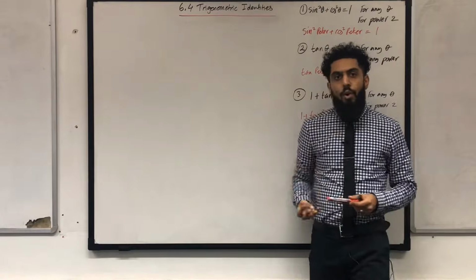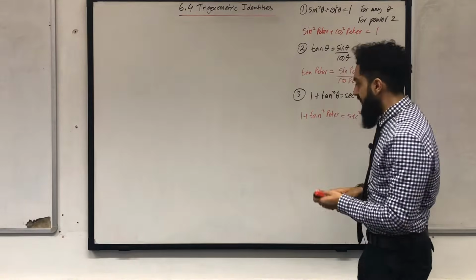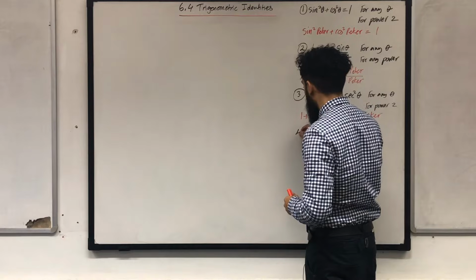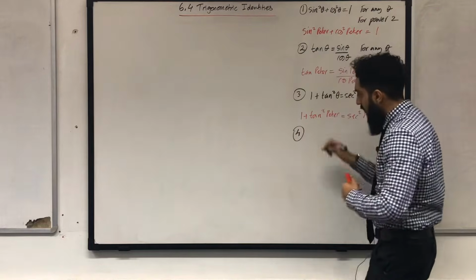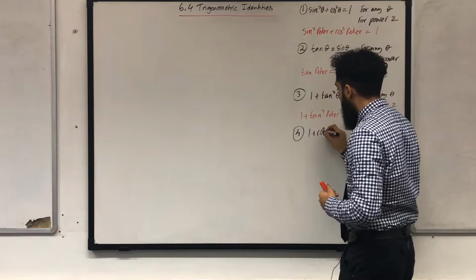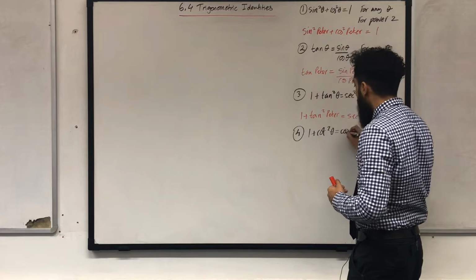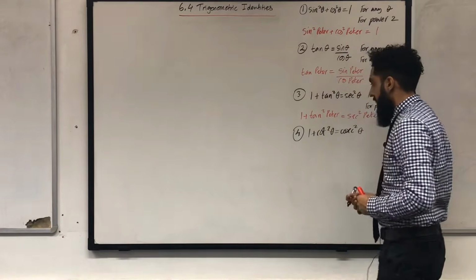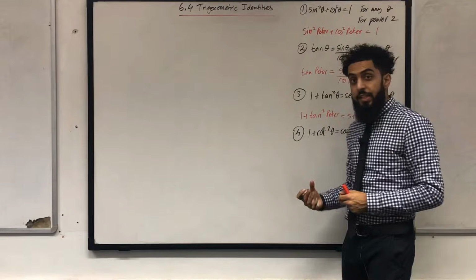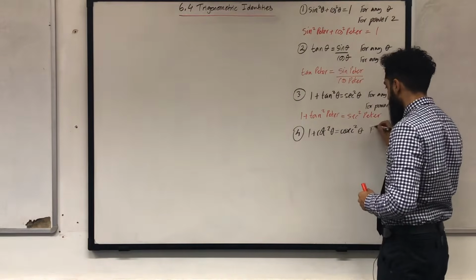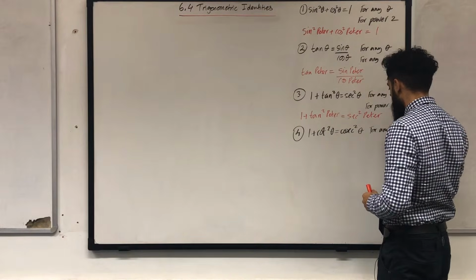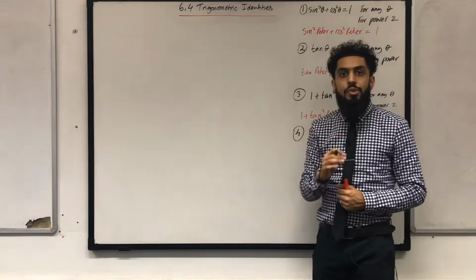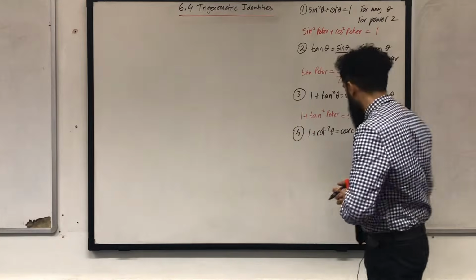Let's look at the fourth crispy identity, and the fourth one is this one over here. 1 plus cot squared theta equal cosec squared theta. This identity is true for any theta, and it is only true for power 2.